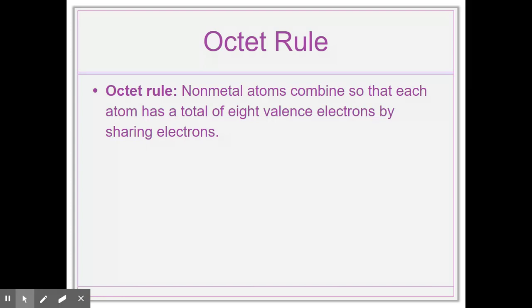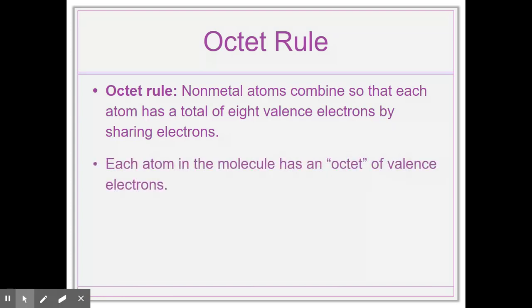Remember that our ionic compounds also wanted 8 valence electrons, but they got there a different way. They either stole someone's electrons or gave up their own. Our non-metal atoms are going to share them instead, but the goal is still 8 valence electrons. An octet means 8, so each atom in the molecule or compound has to have an octet of valence electrons.